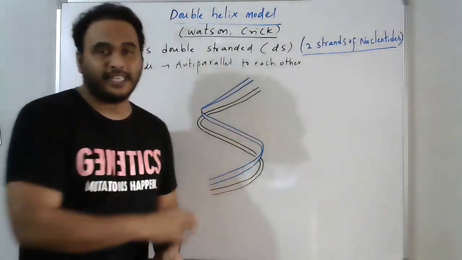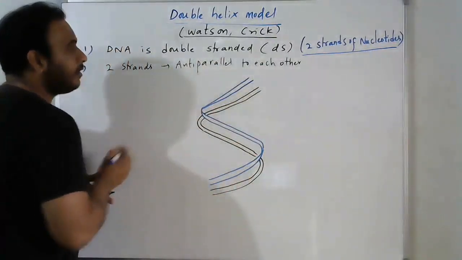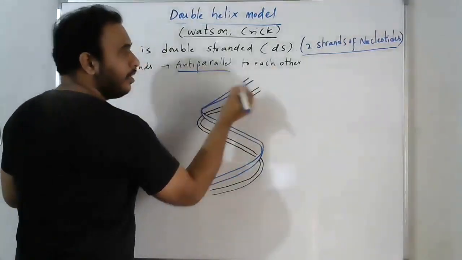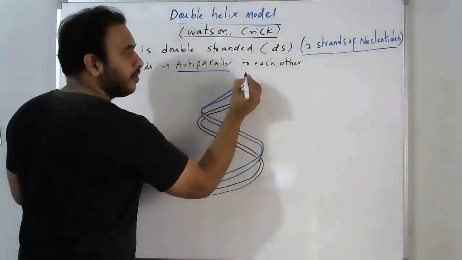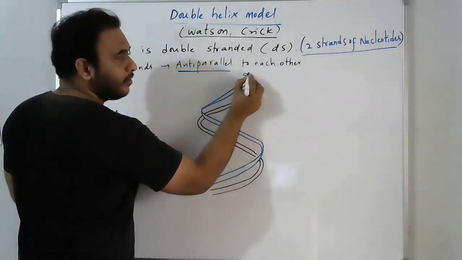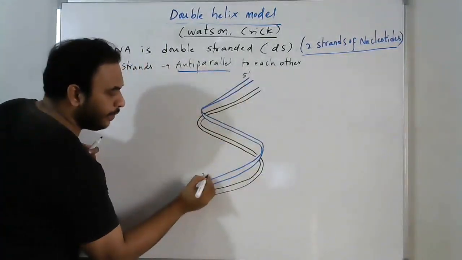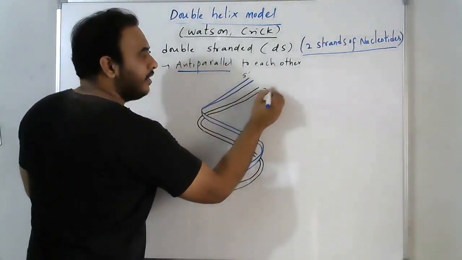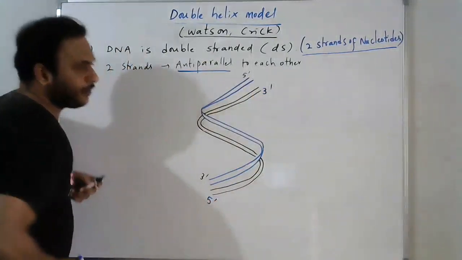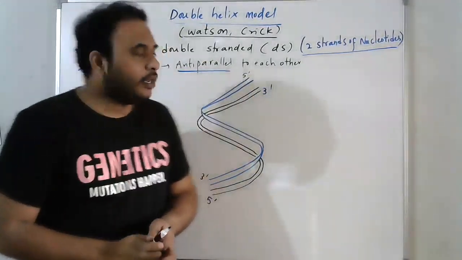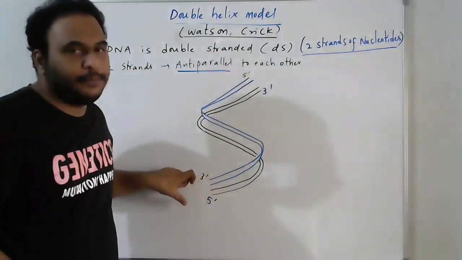And this anti-parallel polarity means, suppose one strand is 5' to 3', the other strand is 3' to 5'. It's very simple. What is this 5' and 3'?